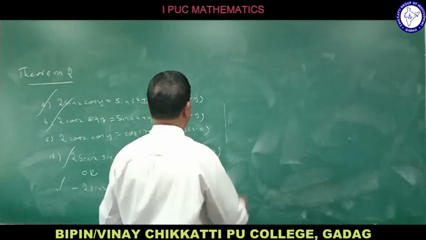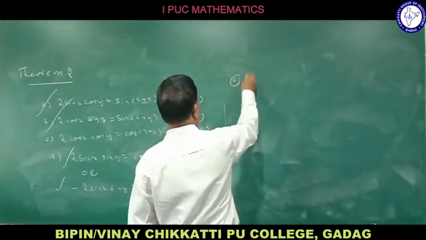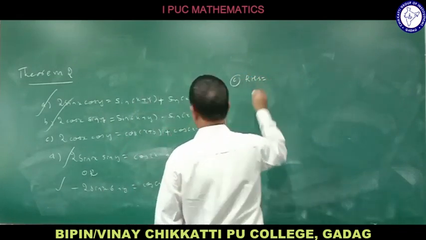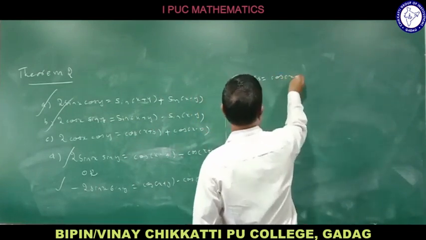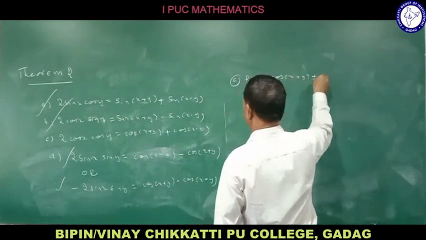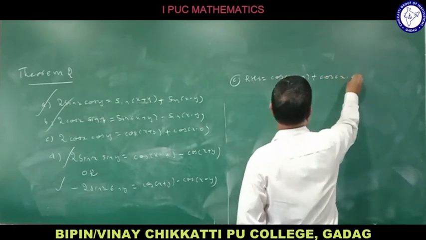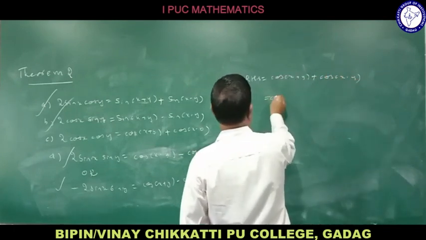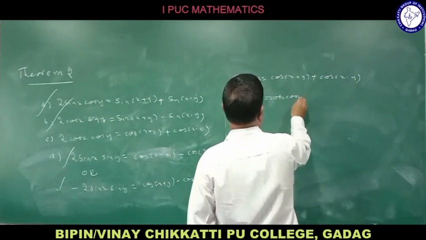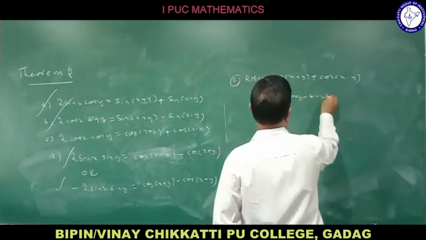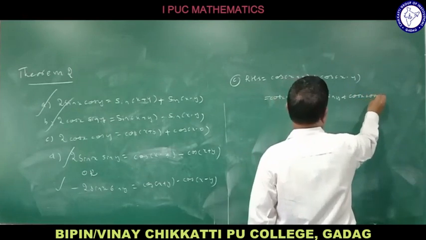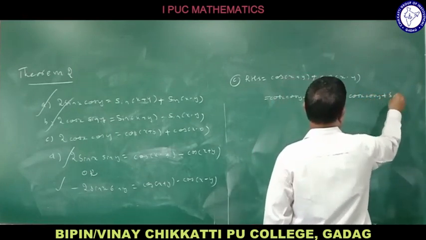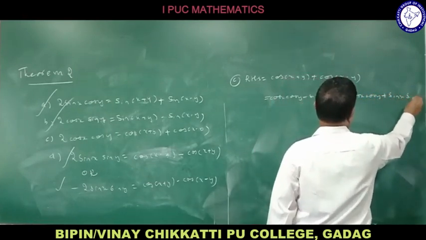Now shall I take C, RHS I want to take. RHS is what? Cos of x plus y plus cos of x minus y. What is this? Cos x cos y minus sin x sin y plus cos x cos y plus sin x sin y, by the formula.